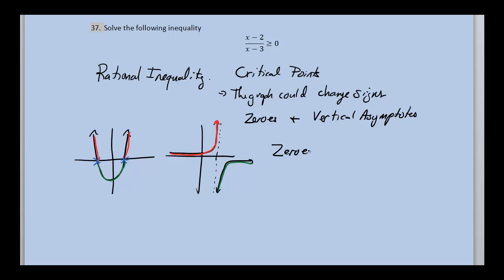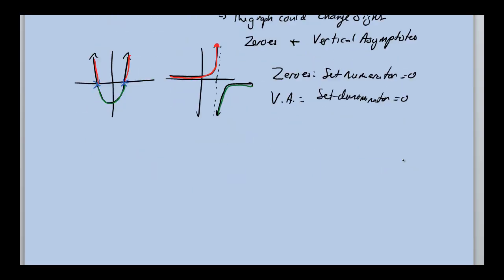So we're going to find these critical points by zeros. First of all, zeros. We're going to set our numerator equal to 0, and then our vertical asymptote, so we should be getting pretty good at this, we set our denominator equal to 0. So here we have (x minus 2) all over (x minus 3) must be greater than or equal to 0. So first of all, I'm going to identify my 0.